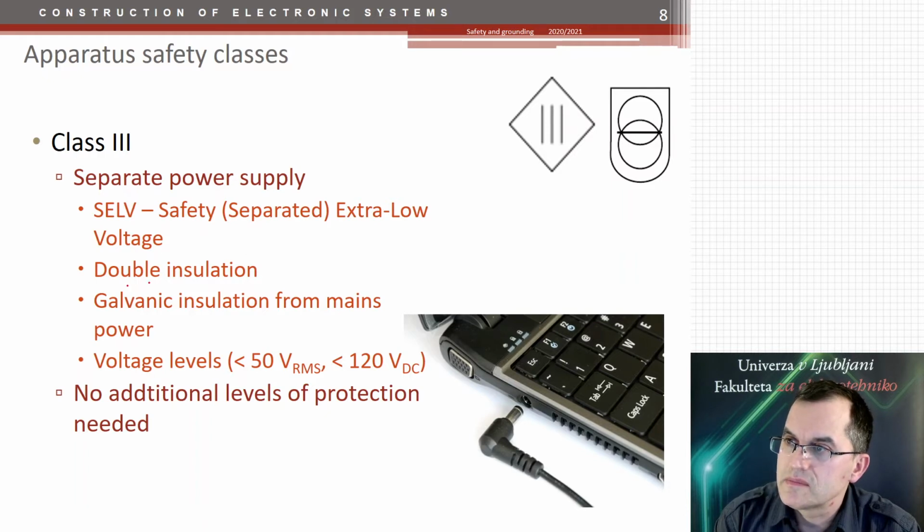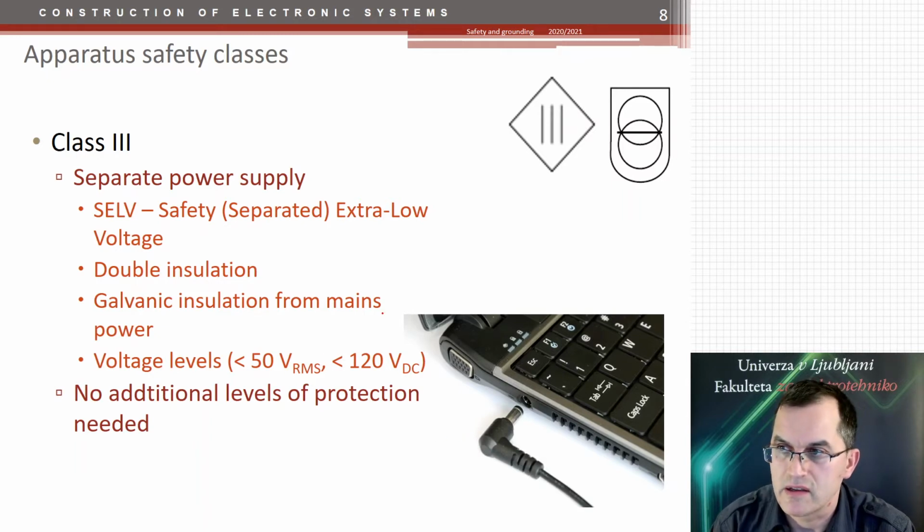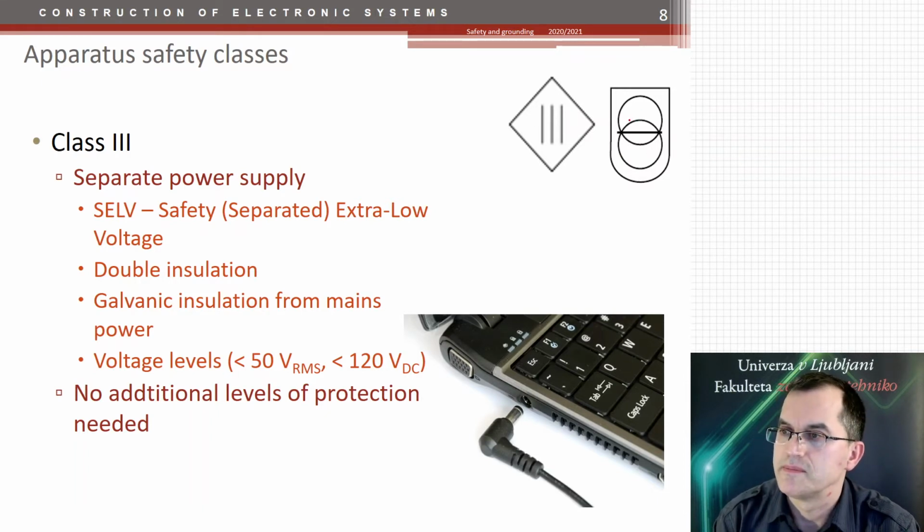And the power supply itself has to have a double insulation and has to, of course, be galvanically insulated from the mains power supply. So here no additional levels of protection are needed in these low voltage devices. And these class 3 devices are denoted by these 2 symbols, which mean class 3 device and galvanically isolated power supply.